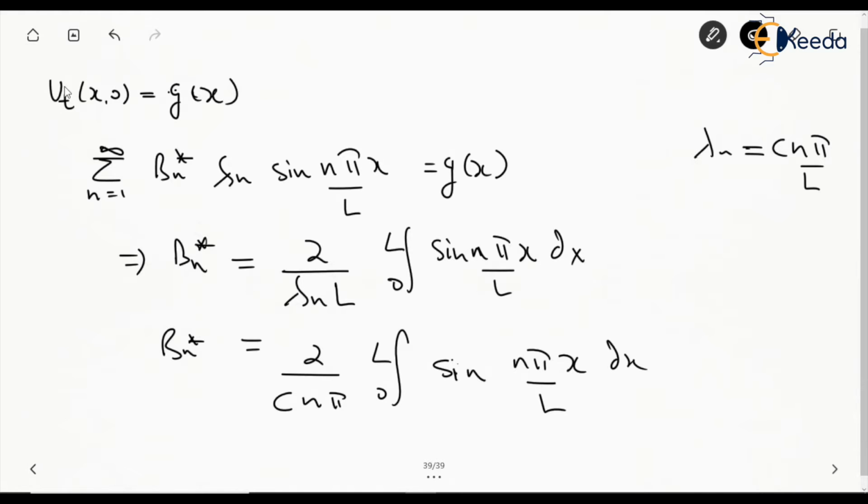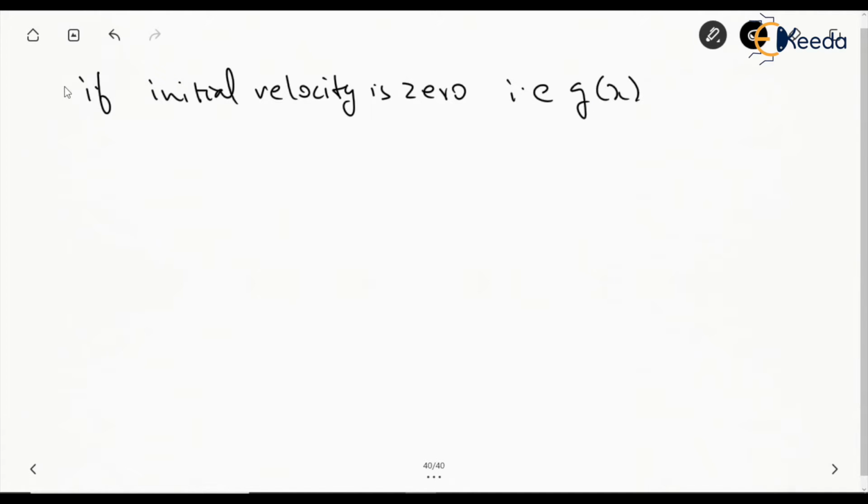And what if it is given that the initial velocity is 0, so that g of x is equal to 0.